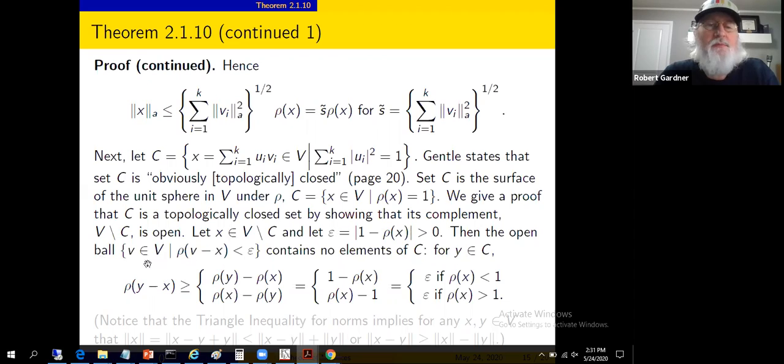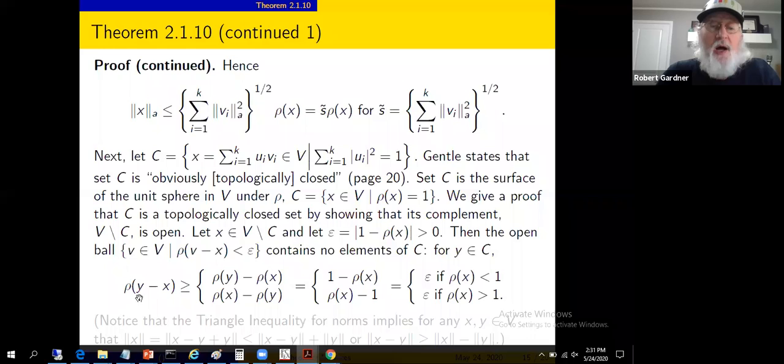The claim is this ball is disjoint from C, and here's why. Take Y, an element of C. We're going to show Y is further away from X than epsilon.